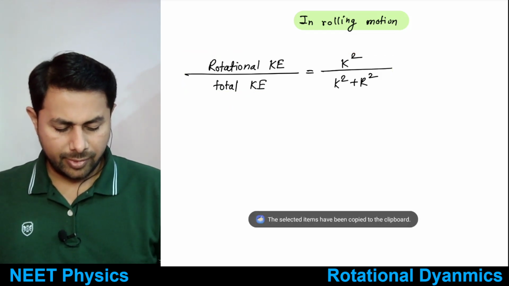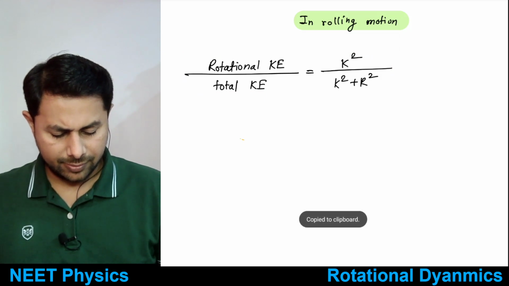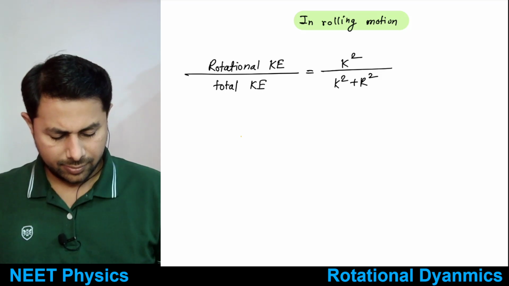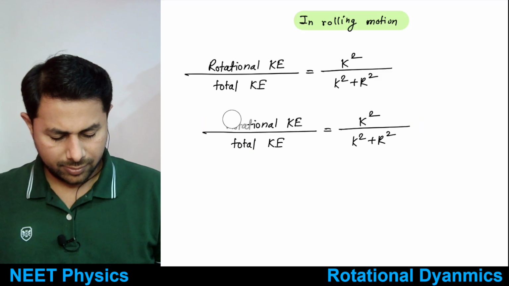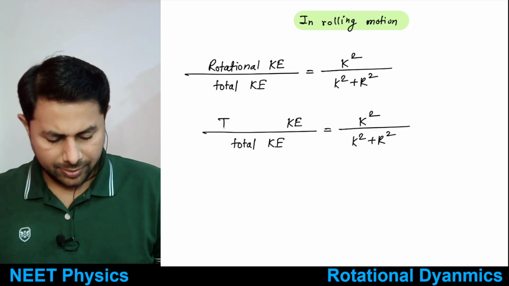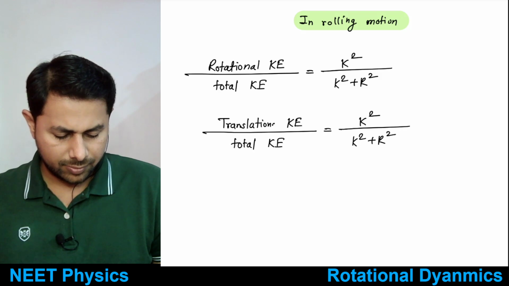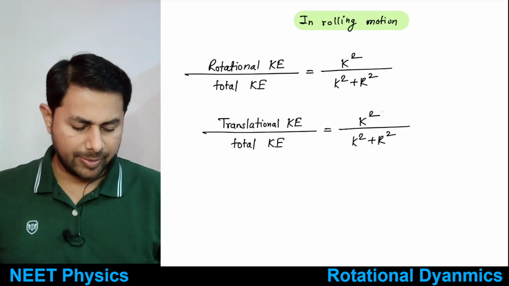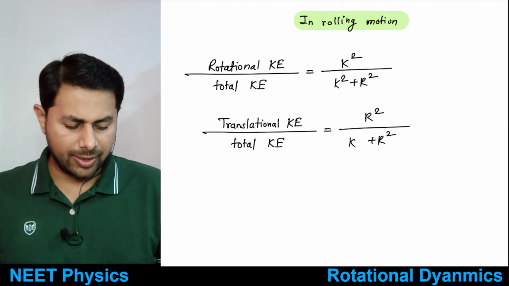And similarly we can find out the translational kinetic energy. Translational kinetic energy divided by total kinetic energy is r square divided by k square plus r square.